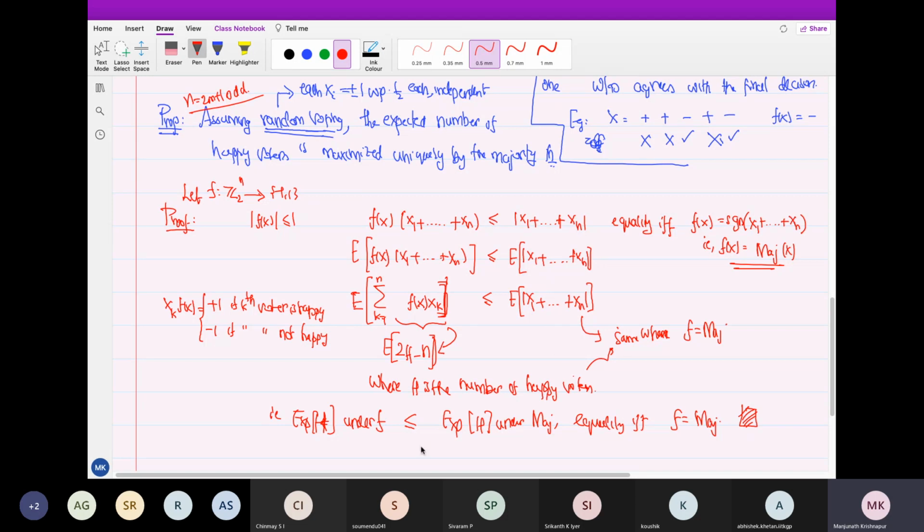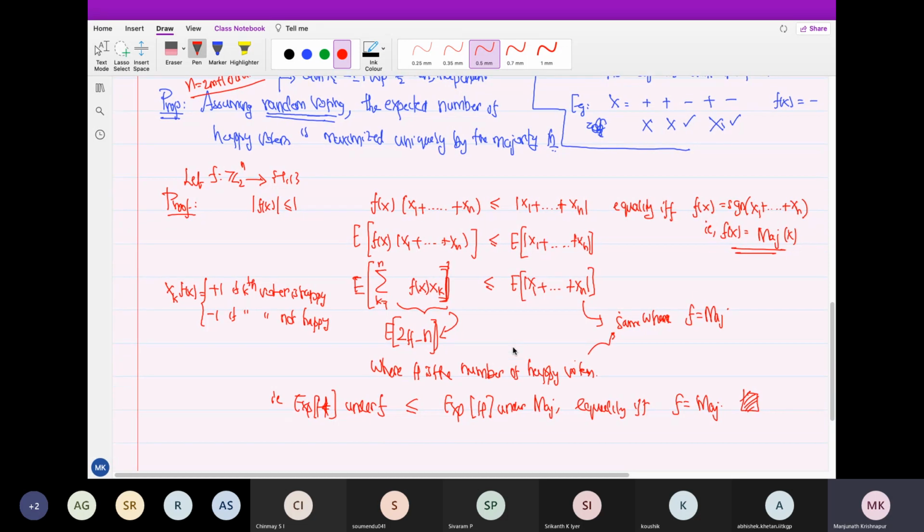So the uniqueness requires that all x have positive probability. It requires it to be positive everywhere because you want f(x) to be this for all x.